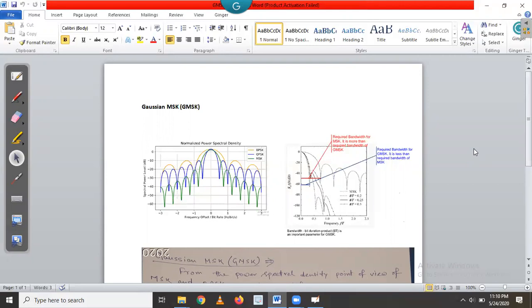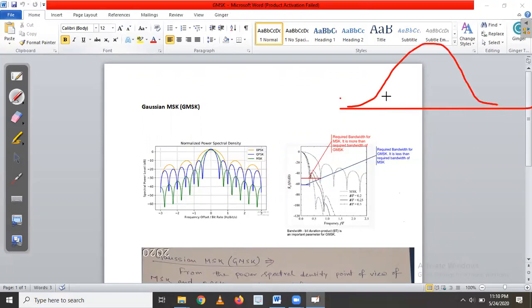Gaussian means we have a filter whose impulse response is Gaussian in nature. What is the Gaussian nature? Just now we have seen it: the curve from minus infinity to plus infinity.